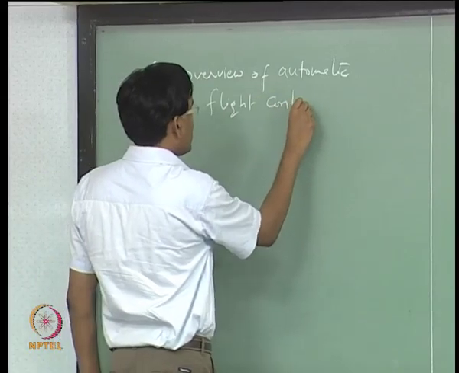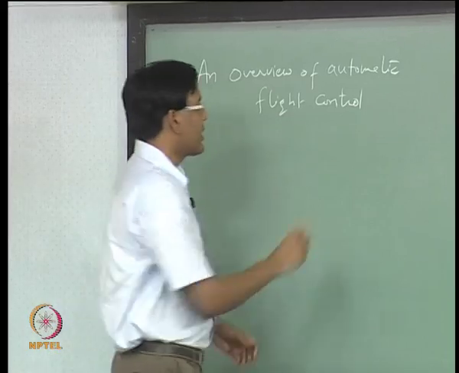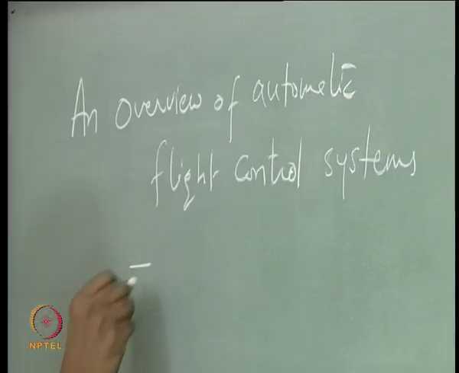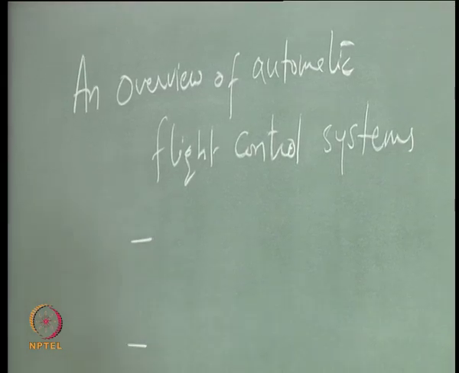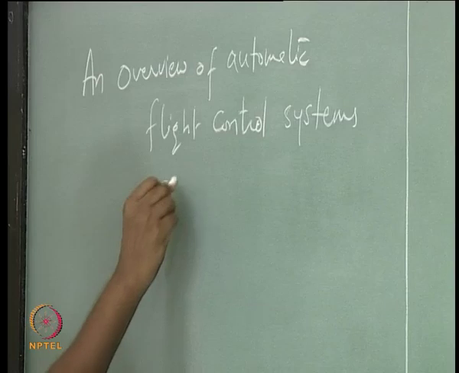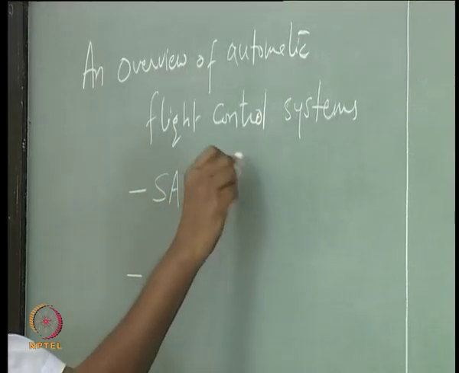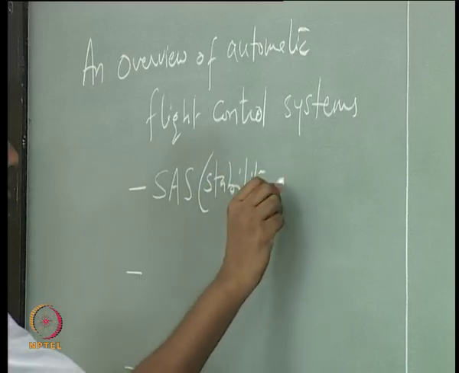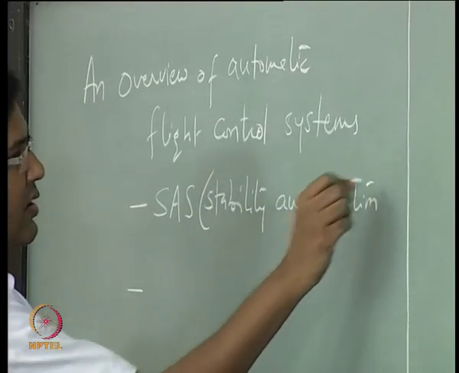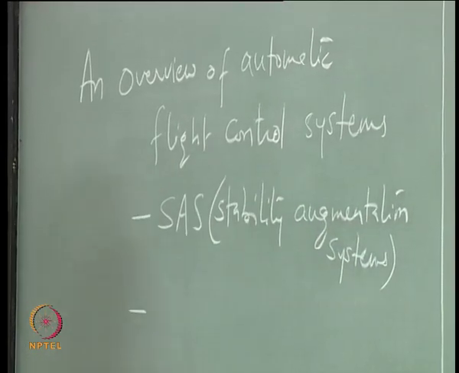In this class, we will give you an overview of automatic flight control systems. They are of three different categories. One is called stability augmentation systems.